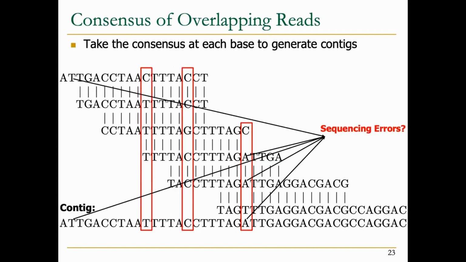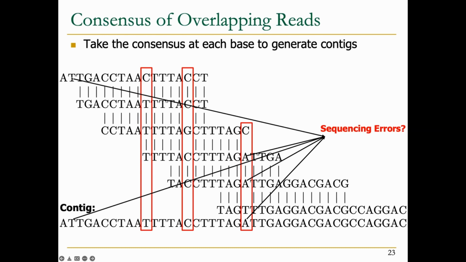So as you may remember, we were generating the consensus, but we don't know whether the reads are fully accurate. They may contain some sequencing errors, right? And those sequencing errors may then subsequently propagate to the assembly as well.